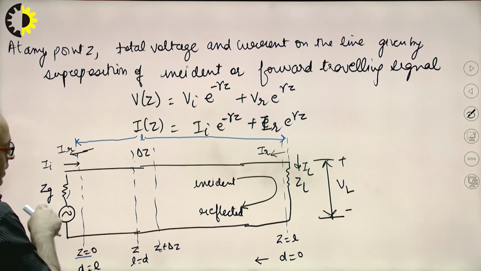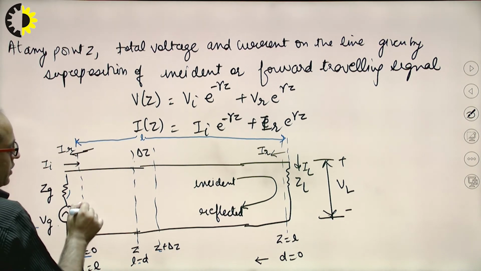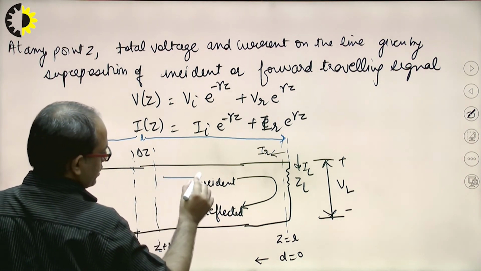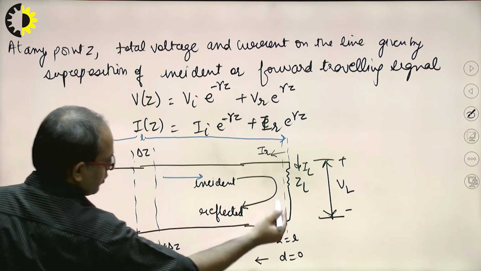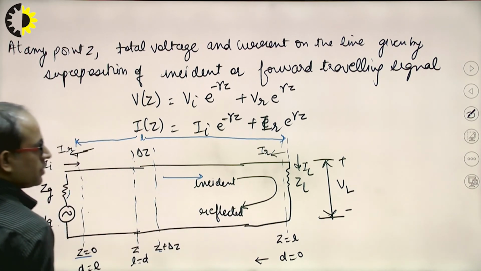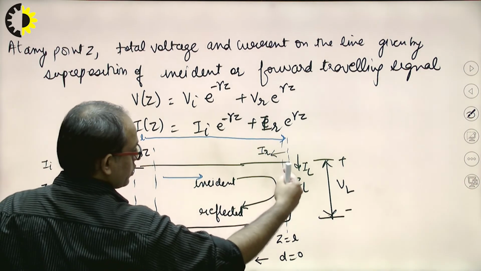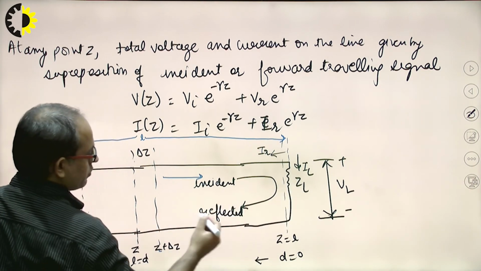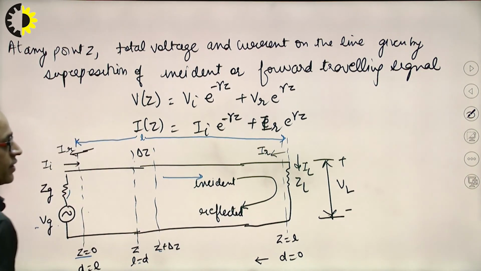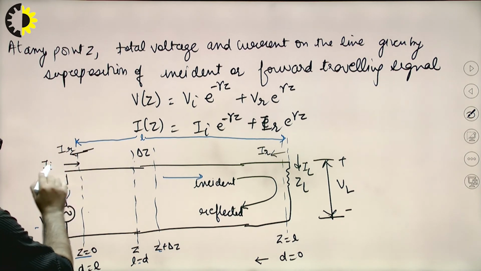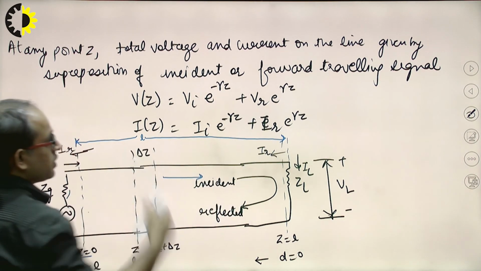Now see, this is the input current which is incident, and some current will be reflected back by the load, some voltage or current will be reflected back by the load. So this one is the incident current and this one will be the reflected current.